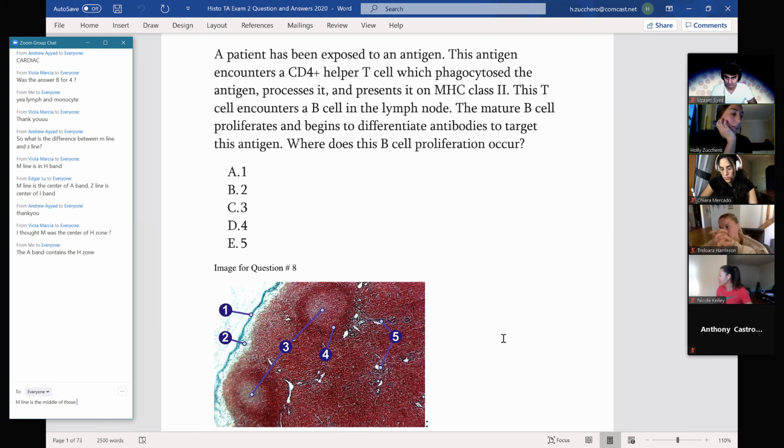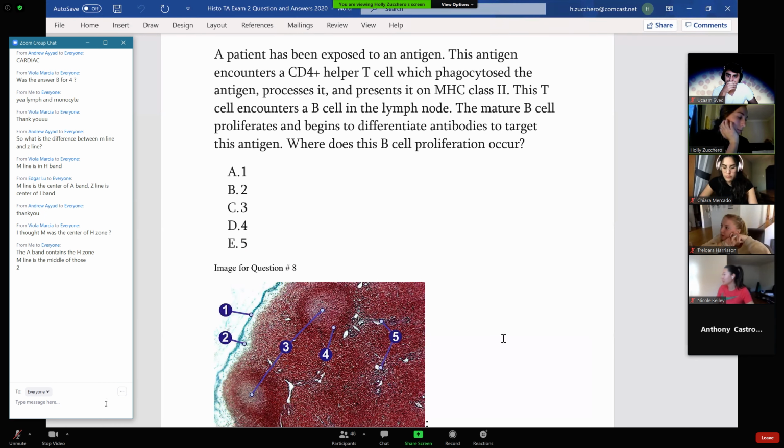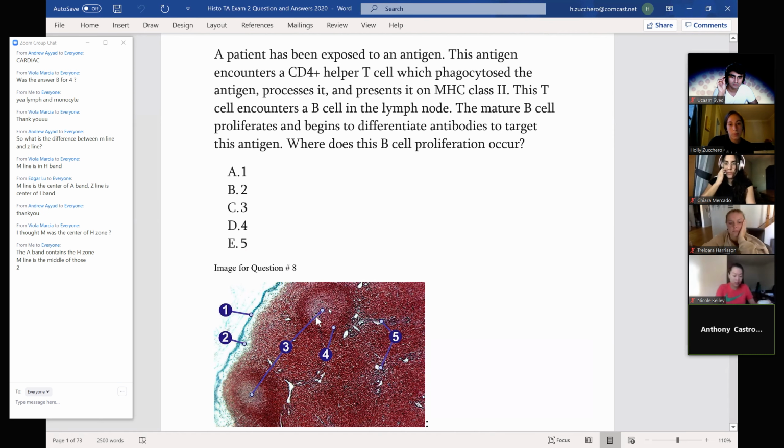All right, does anybody know the answer for this one? C. Yeah, C. So you're looking at number 3 here. And what is this called? The germinal center. Yeah, so not only was this asking you to identify where the B cell is going to differentiate, you also had to identify it in the picture.